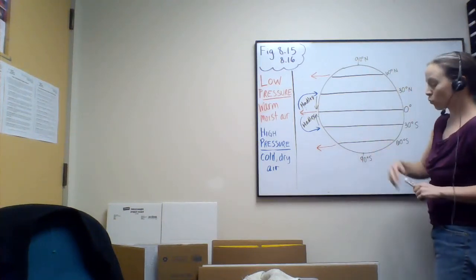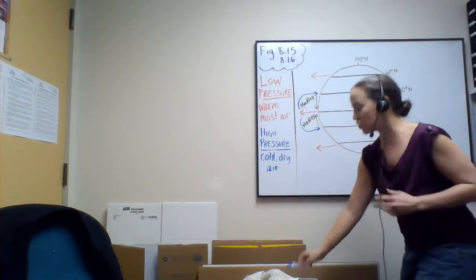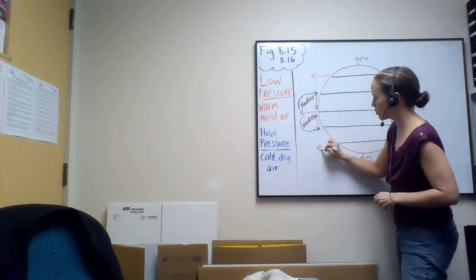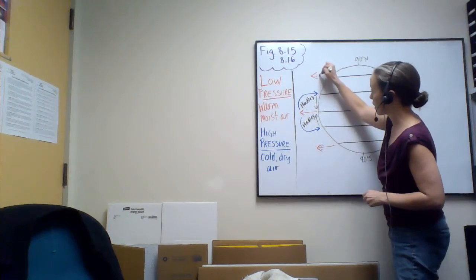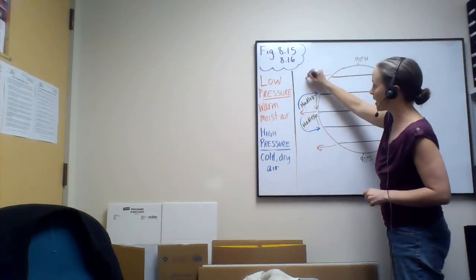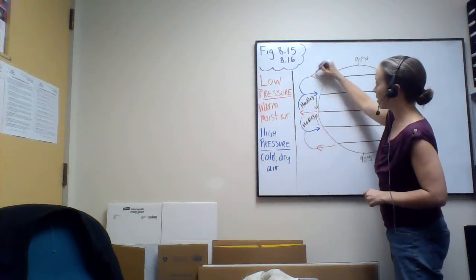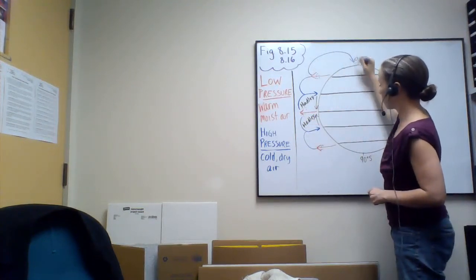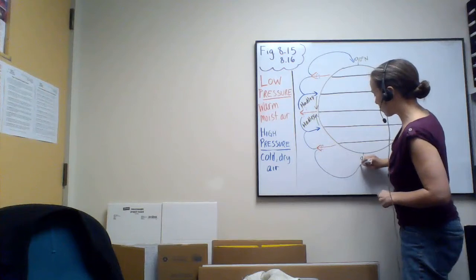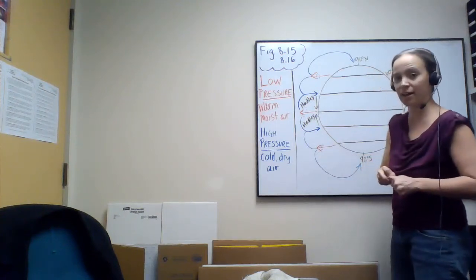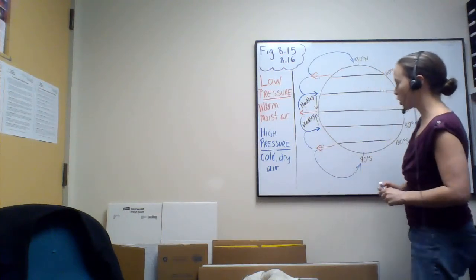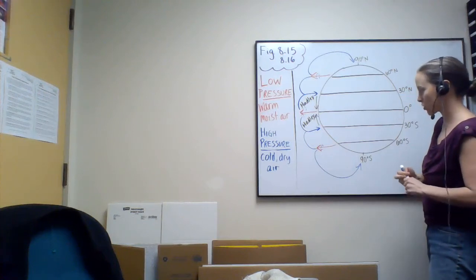But as this warm, moist air rises, just as it did at the equator, the moisture is going to condense out, and cold, dry air is going to sink around 30 degrees, and also up at the poles.